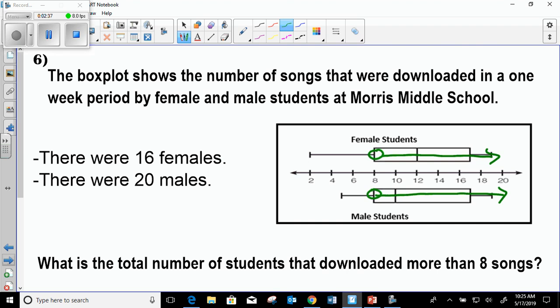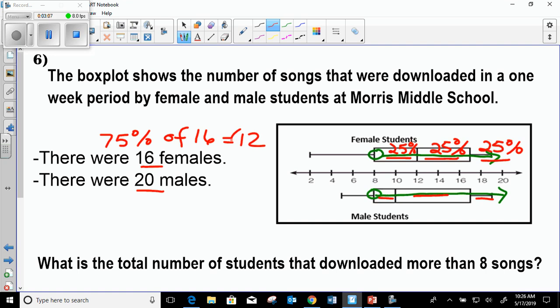Let's think about that for a second. So what you need to do for this problem is divide this up into your percentages, which gives you 75% of the graph. So we know we have 16 females, we have 20 males. So what you have to figure out is 75% of the graph. So 75% of 16 gives you 12.